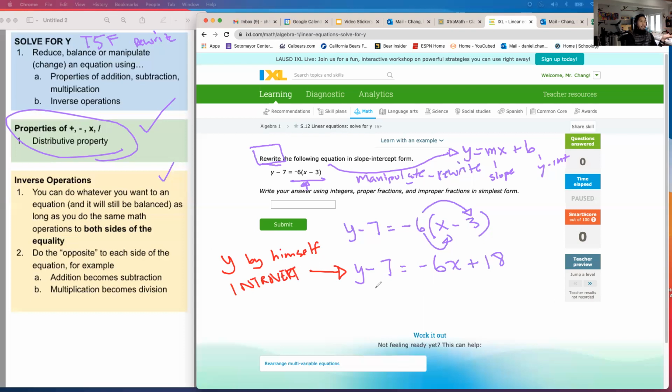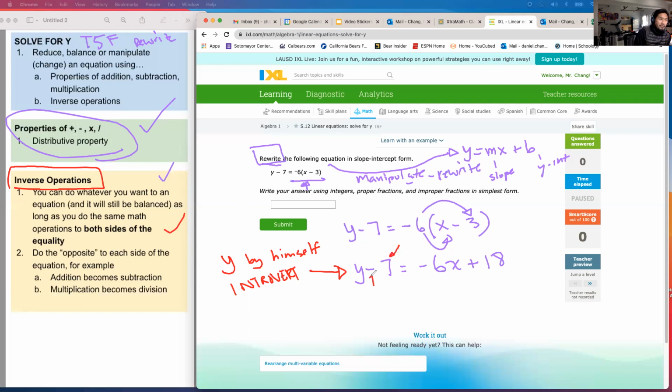And so to get y by himself, I'm going to use an inverse operation. An inverse operation says that I can do whatever I want to rewrite an equation and it'll work as long as I do the same math operations to both sides of the equation. That's what this note says. And so to get y by himself, I want to do an inverse operation on the -7.